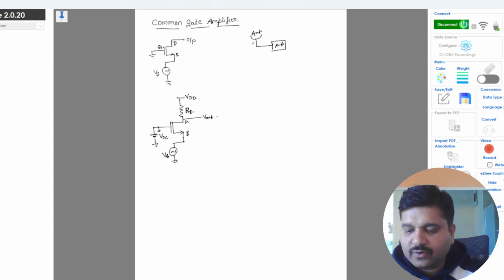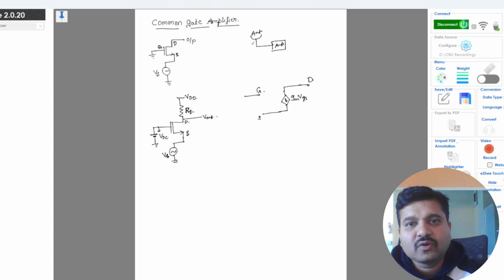We are going to analyze this for small signal analysis using a small signal model. So this is the gate terminal, this is the source, and this is the current gm times VGS, and this is the drain terminal. This is the small signal model for the MOSFET only.